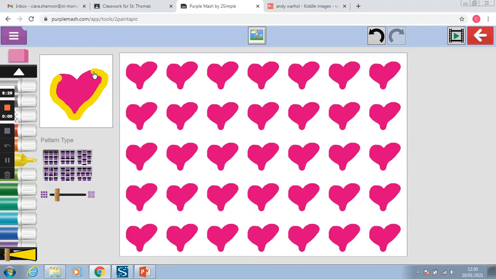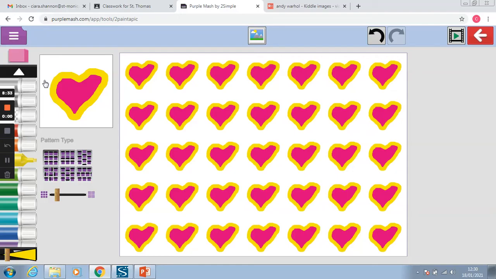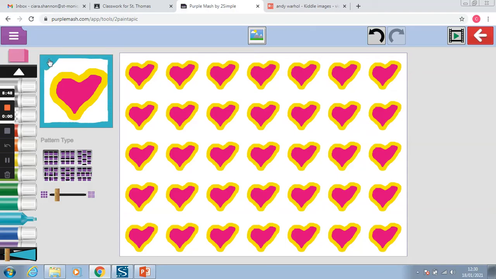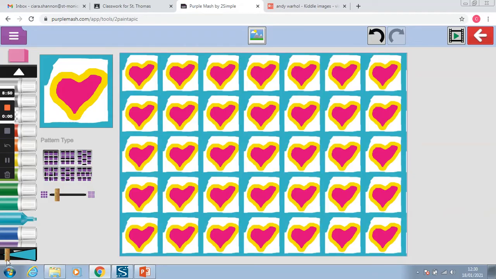We're just giving a little go at experimenting with pop art and repeating patterns. Then I'm going to try a blue. Get them edges. And then I might make this a little bit bigger. There we go.